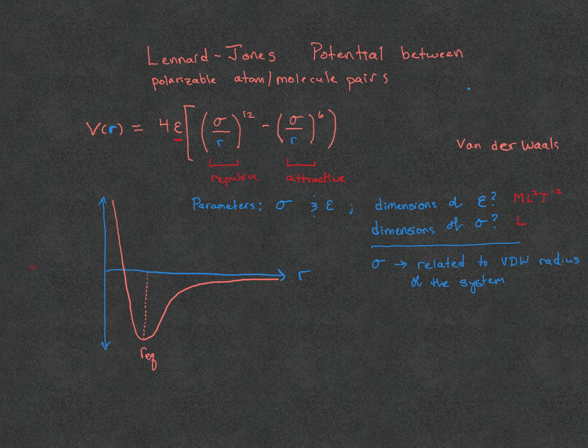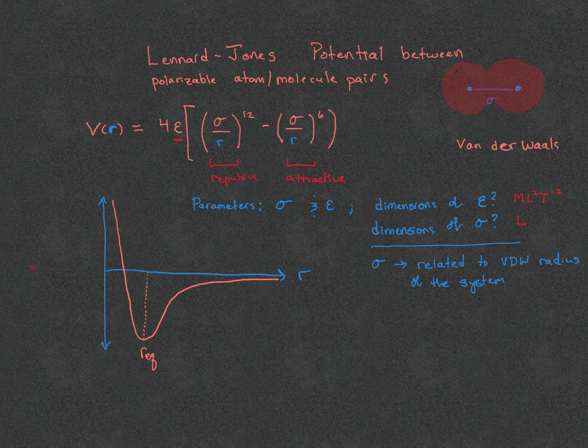Imagine atom 1 here at the center, atom 2 here at the center, and the distance between these two being sigma. Then the edge of one charge cloud would be here, and the edge of the other charge cloud would be here. Right, so some notion of the atomic radius is encapsulated in sigma.